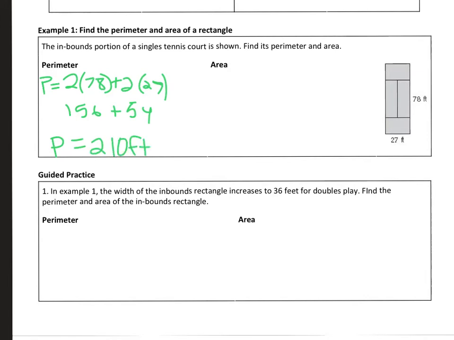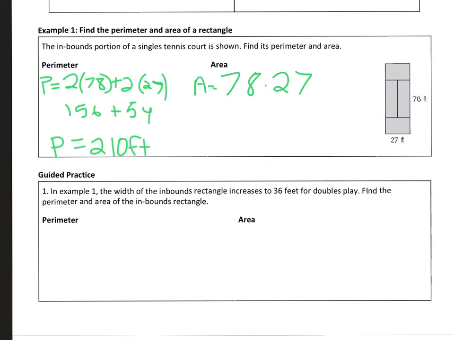Okay? So perimeter, I think of fencing. What would it take to fence in something? That's the perimeter, right? The distance around something. The area, I would think if I was painting something or if I was filling in something, that's the area. So area of this court is just length times width. 78 times 27 would be the area.